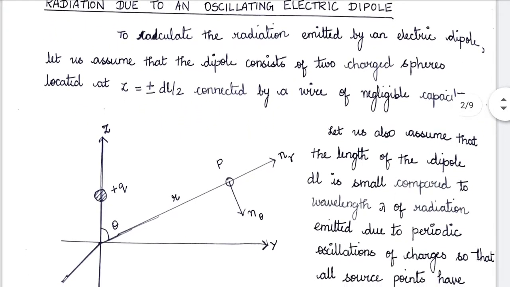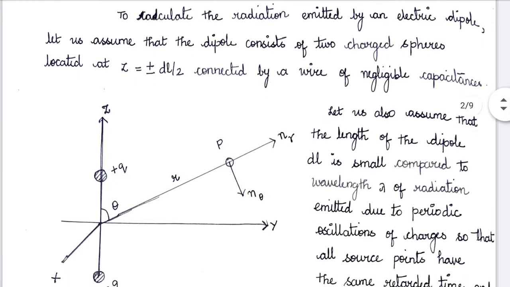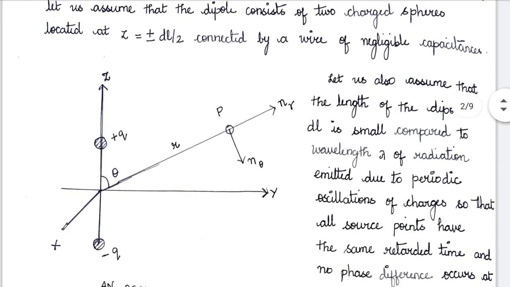For this, let us have a configuration like this. A dipole consists of two charged spheres located along the z direction at a distance plus and minus dl by 2 from the origin, and they are connected by a wire of negligible capacitance.